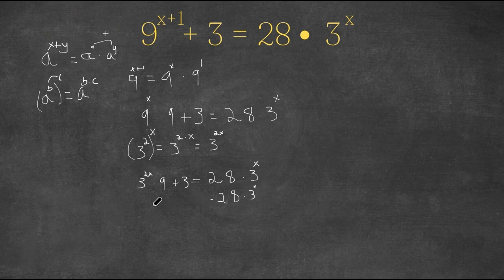By doing that, we get 0 on this side because these two cancel out. So we have 0 equals, well, we still have 3 to the power of 2x times 9, but now we have minus 28 times 3 to the power of x plus 3.